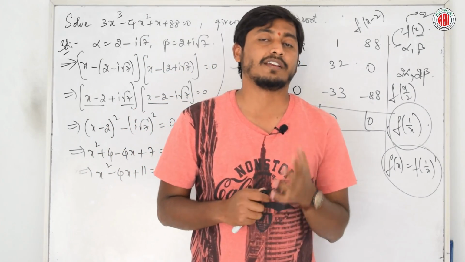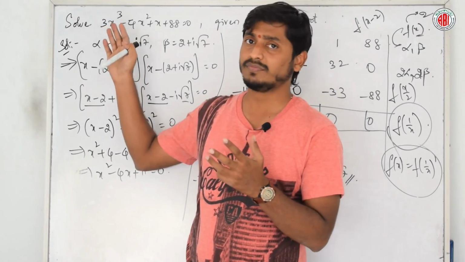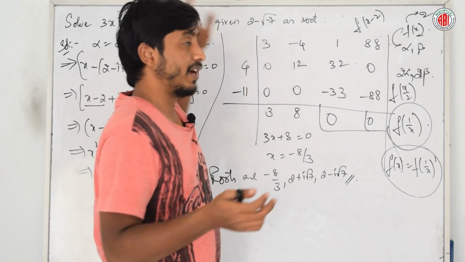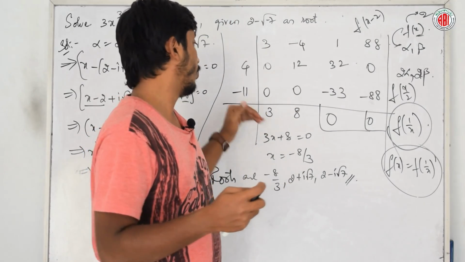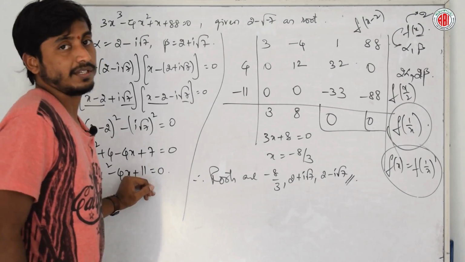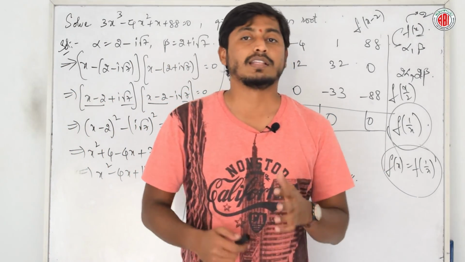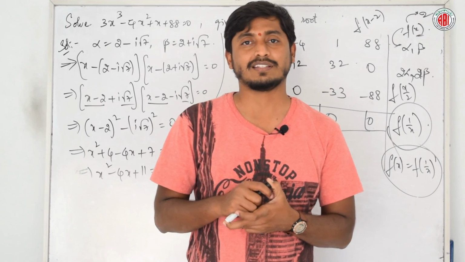Clear? Fine. What all did we learn today? We started with this kind of equation, right? We did complex roots for third degree also. Clear? We learned how to use the synthetic division method for a given equation. Clear? Is it okay? Fine. This is for today. Let us meet in the next session with more problems of theory of equations. Thank you.